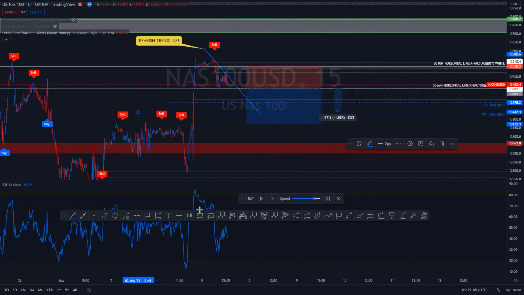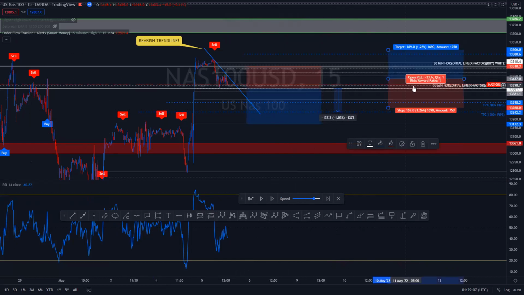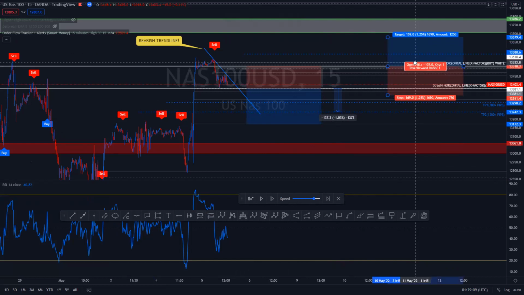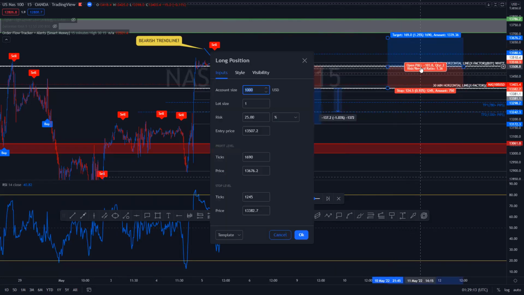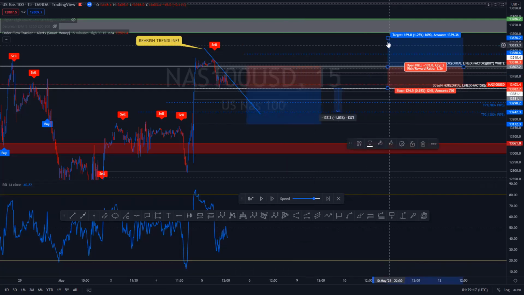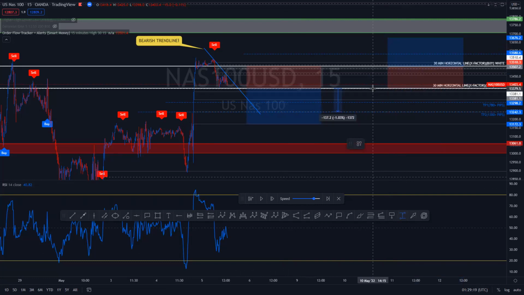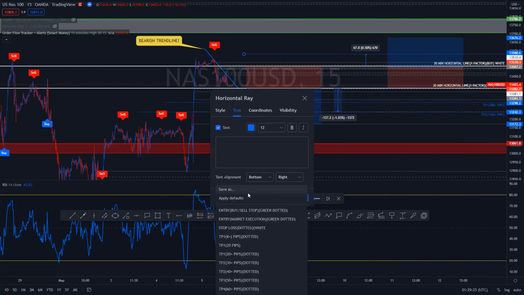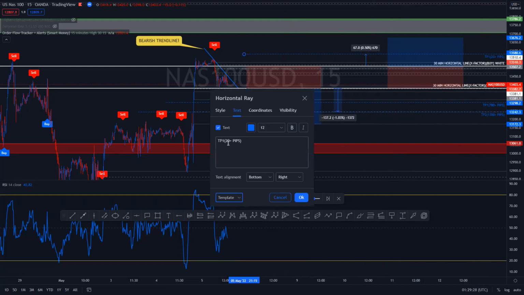Then I ended up setting another risk to reward tool for the buy, just in case price buys up. The reason I set these risk to reward tools is because when I click on it, it's going to have my stop loss and take profit ready. So I'll be able to paste it in and be ready to go if price goes whatever direction. Then of course, take profit one here. Let's set this one. TP1 would have been about 670 pips worth of NAS.